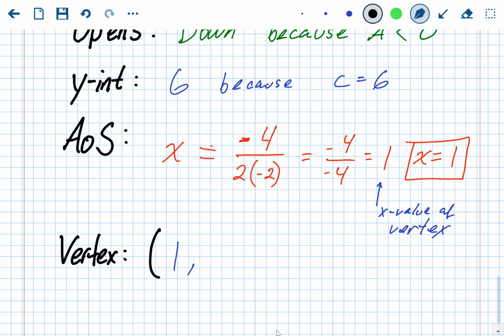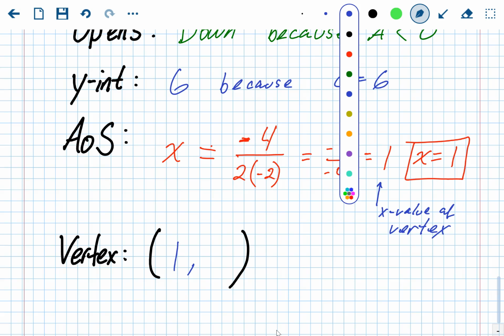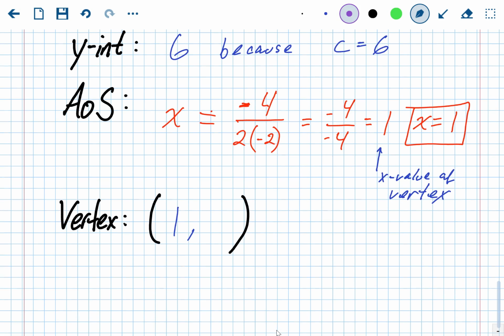Okay. We don't know what that something is yet. But we know how to find it. If we want to find the y value of the vertex, we're just going to plug in 1. So we're going to find f of 1.